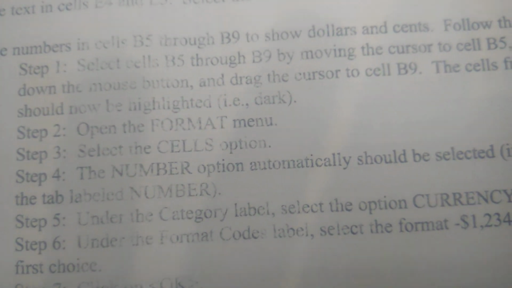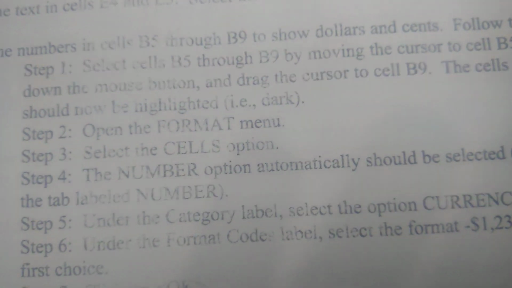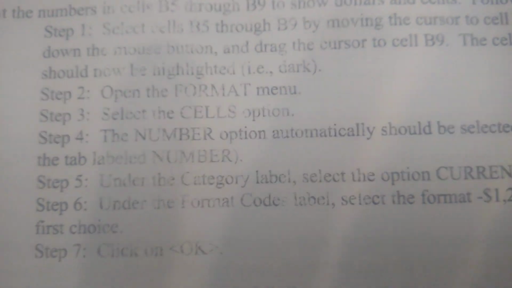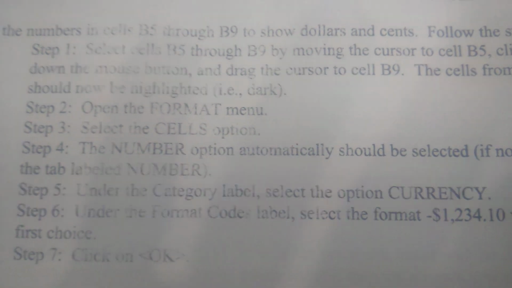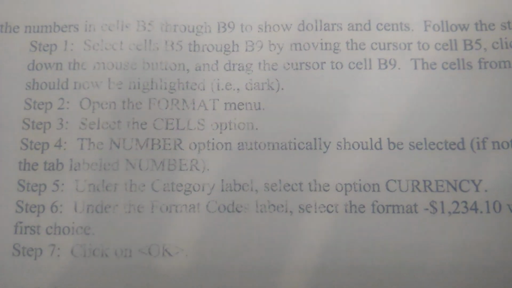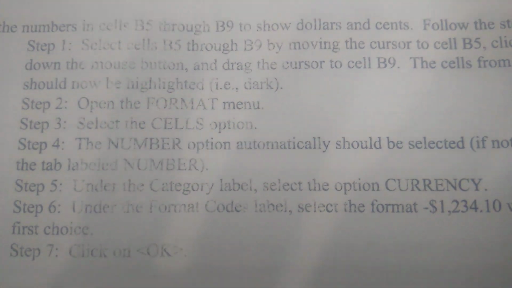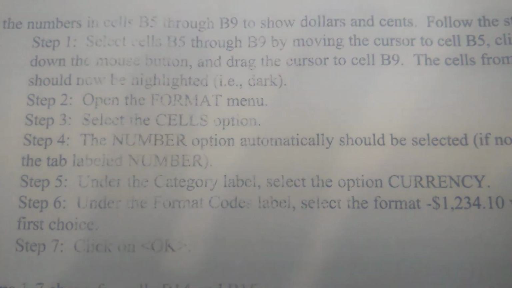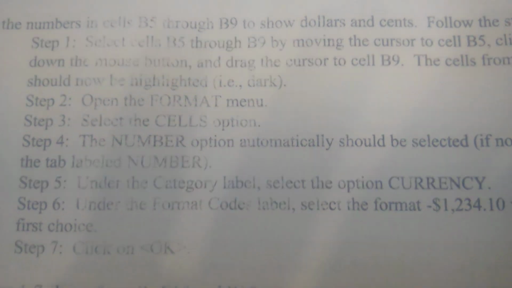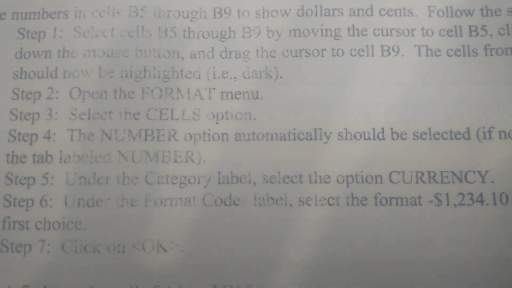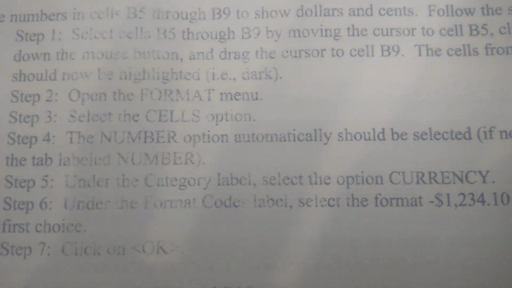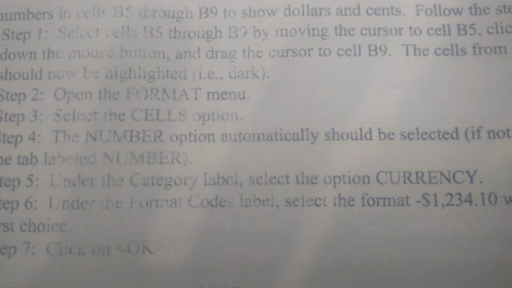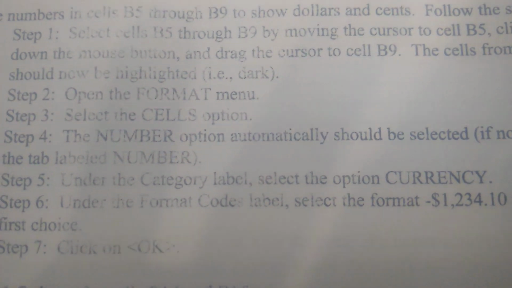And then under the category label, you need to select the option currency, because you are going to use that cell value as a representation of some amount of currency, dollars or pounds.